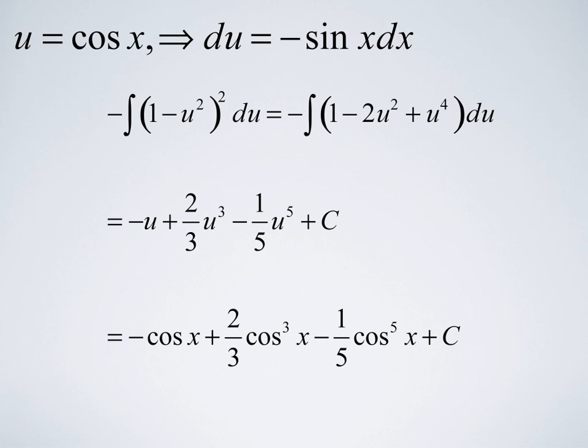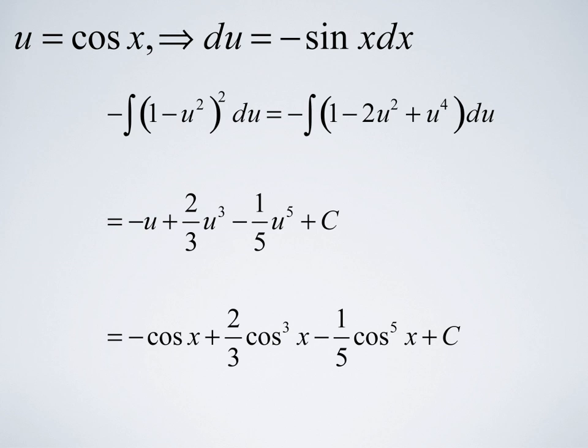And so we get minus the integral of (1 minus u squared) squared. So we just multiply that out, and that becomes minus the integral of 1 minus 2u squared plus u to the 4th. And integrating term by term, we get minus u plus 2/3 u cubed minus 1/5 u to the 5th plus the constant of integration.